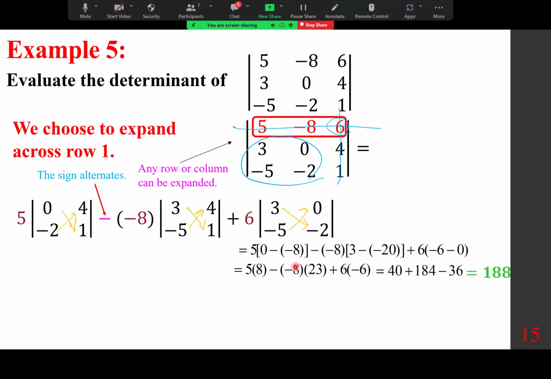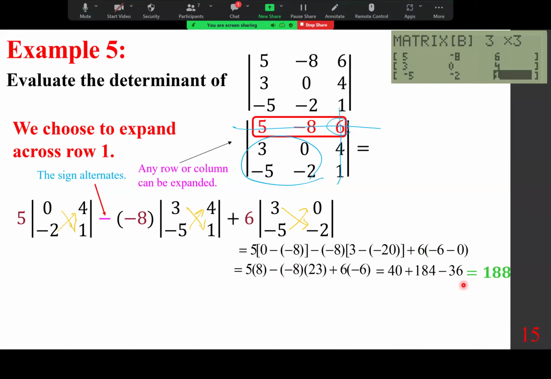I mean, this is basic math. We could do this with technology. We're going to put matrix A, B, whatever. You have to put the proper size, which is 3 by 3. You have to input all those numbers in their proper place, and then just go with the math, and the determinant of B is 188.